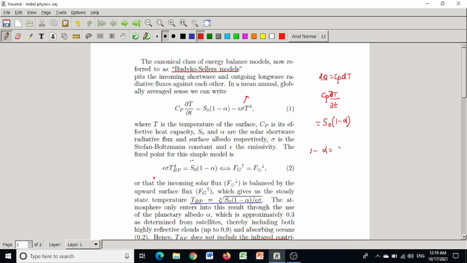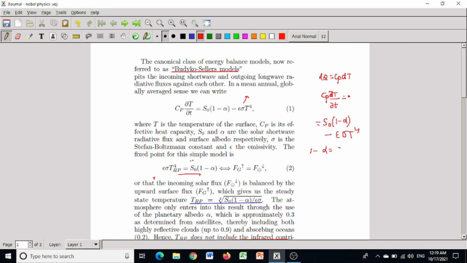So S0 into 1 minus alpha is the amount of energy absorbed per second, and amount of energy radiated, epsilon sigma T to the power 4, T is the absolute temperature of the surface of the earth, and epsilon being the emissivity. So this is the net amount of energy radiated per second. So it is Cp dT/dt. So at the steady state, when temperature is constant, then this is equal to 0, yielding this equation.